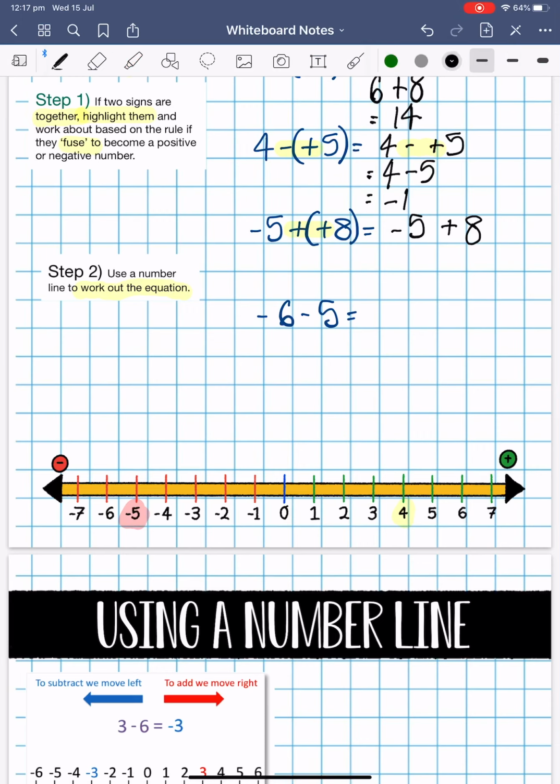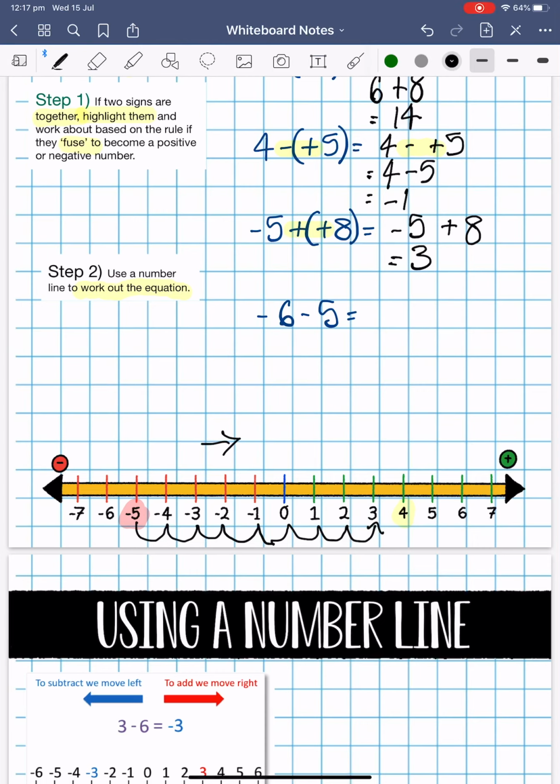And we're going to add 8. That means we're going to the right. We're going this way. So we're going 1, 2, 3, 4, 5, 6, 7, 8. Okay, so we're at 3. So the answer is 3.